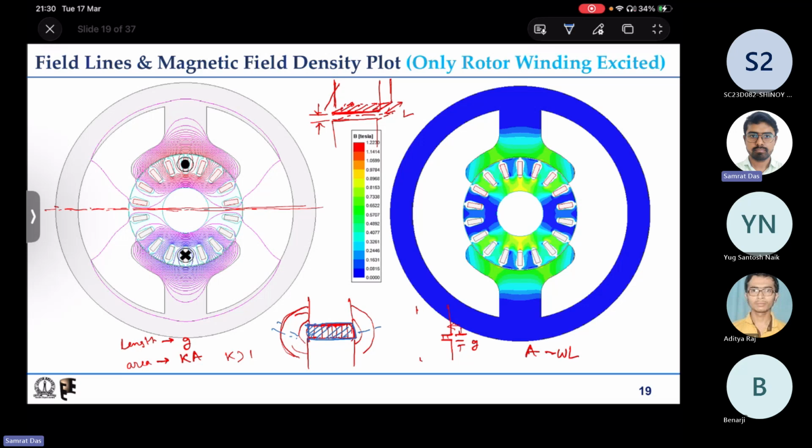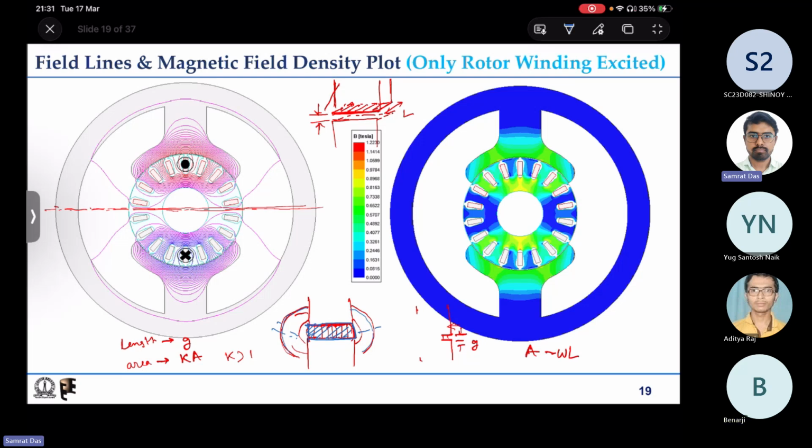Actual permeance is higher, so you are overestimating your reluctance. If you actually consider this fringing flux, then your reluctance will actually go down. Okay, sir. Thank you.